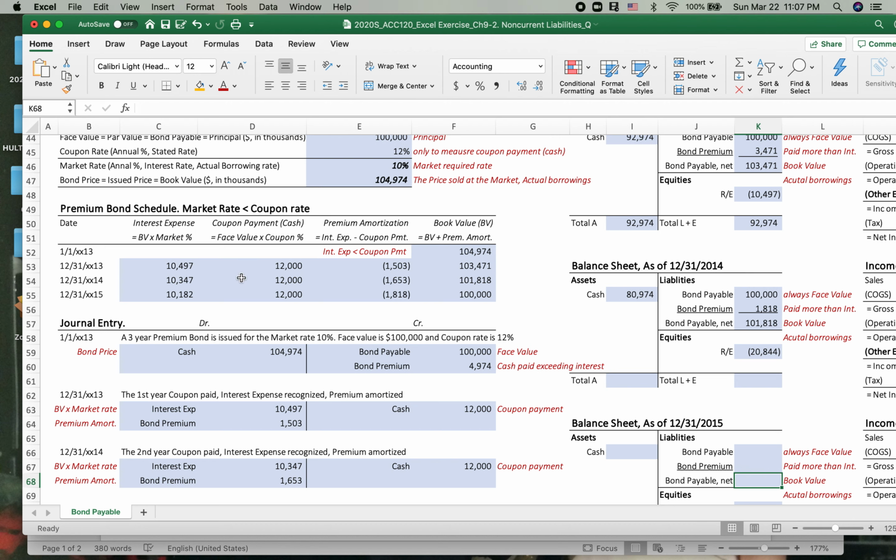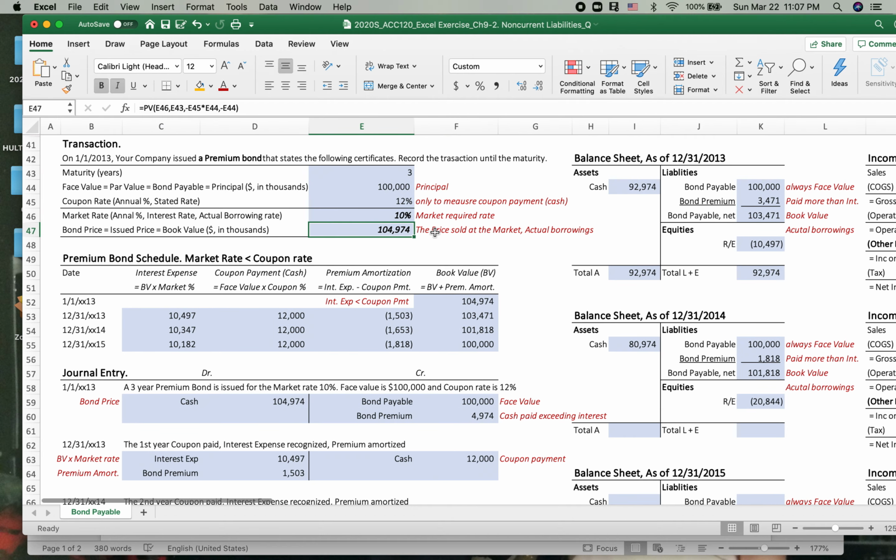Again, this is because the company paid more cash than the interest expense. When they issue this bond, the issued price 104,974. This 4,974 premium is the cash amount exceeding the interest expense.